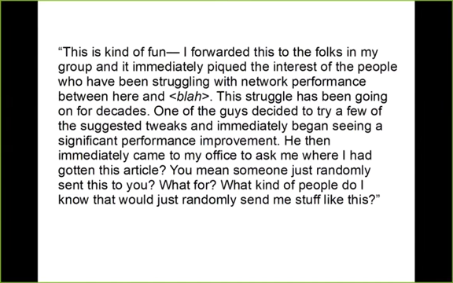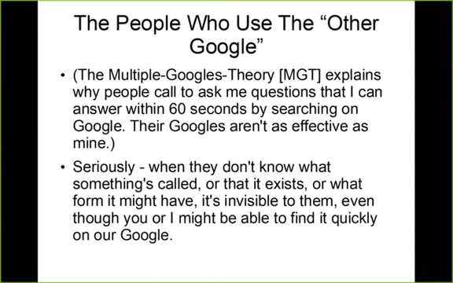And this is kind of the moral of the story. This is the point in me telling this group about this stuff, because many of you know more about what I'm talking about than I do. Some of you will be interested to hear it for the first time, but sometimes we don't realize the cause of what I call the multi-Googles theory, which is that people call my office to ask me a question, which I then search on Google and give them the answer.